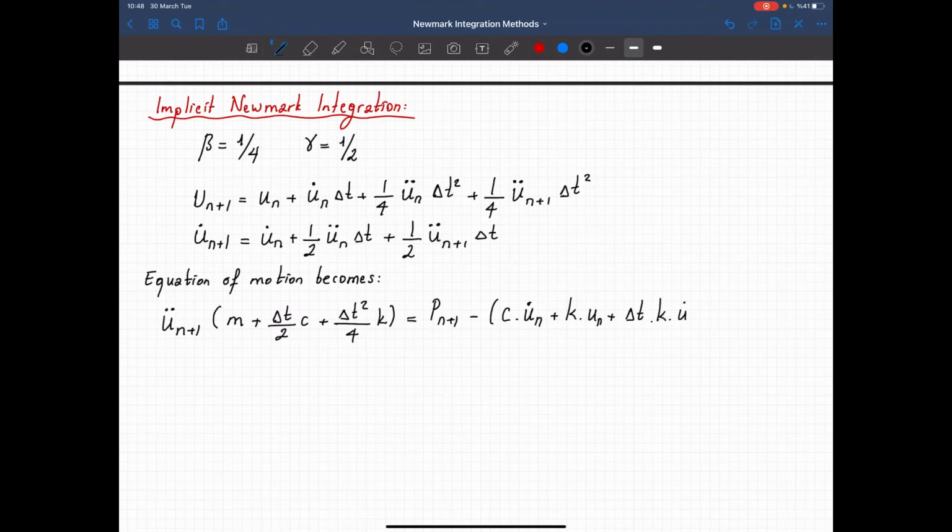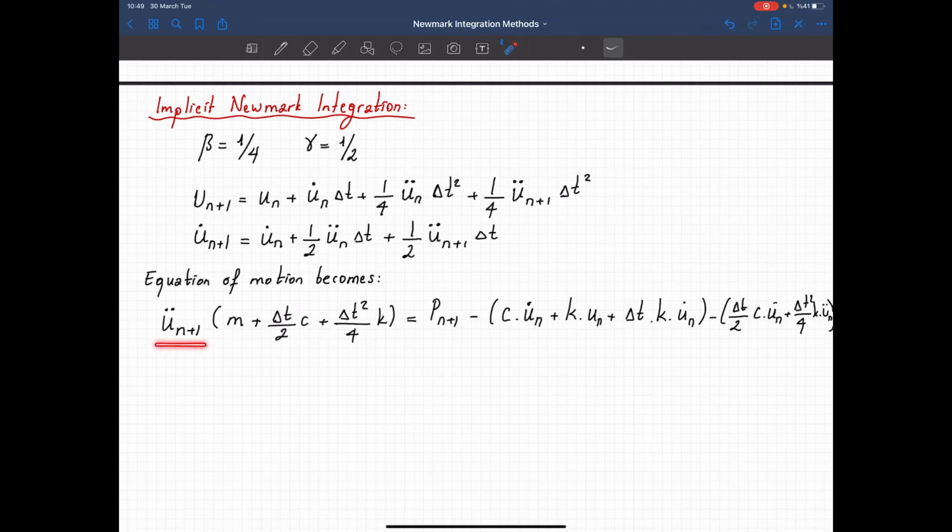k times u dot n minus delta t over 2 c times u double dot n plus delta t square over 4 k times u double dot n. And that's the equation.